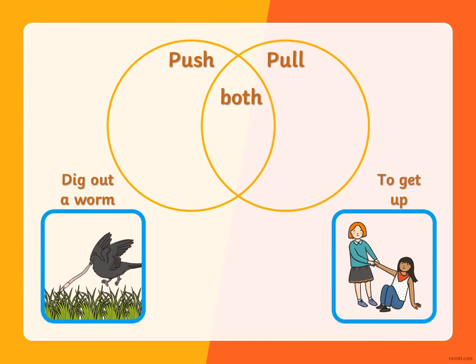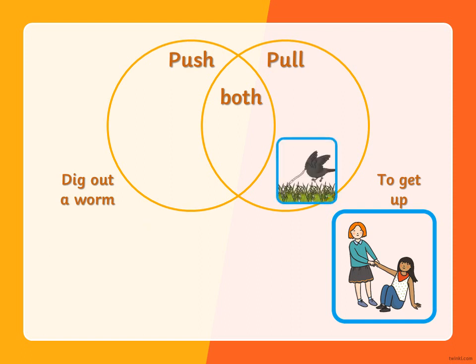Look at this bird. It's looking for some food. And it digs out a worm from the ground. So which force is this bird using? It is using pull force to take the worm or dig the worm out of the ground.